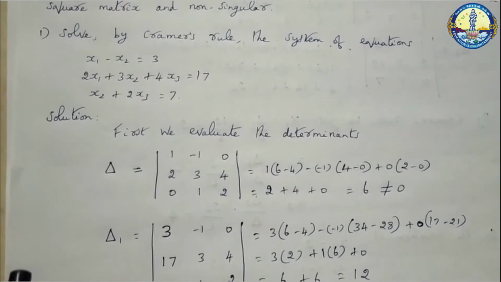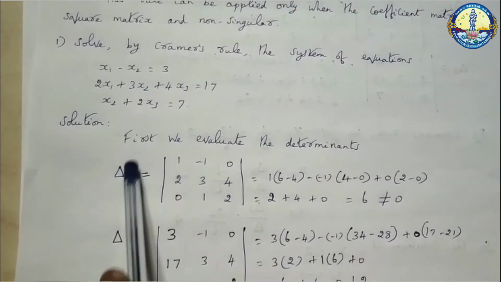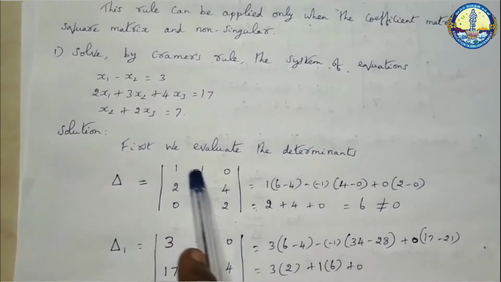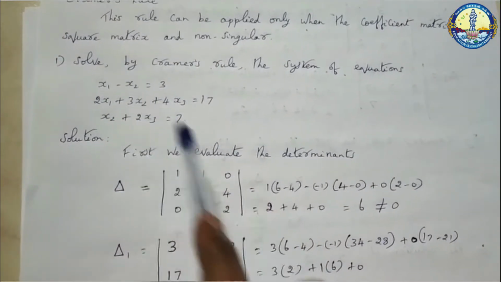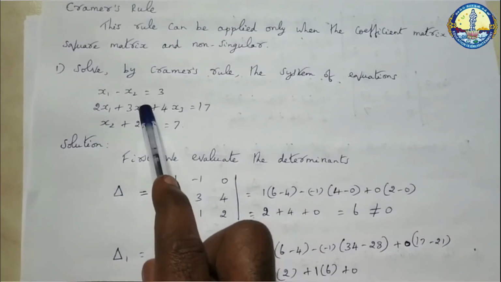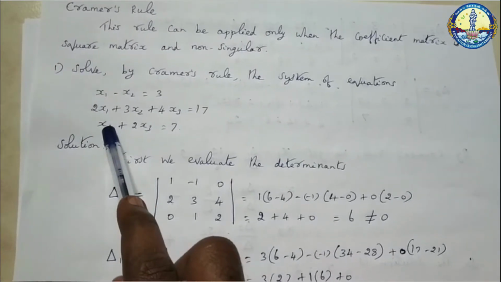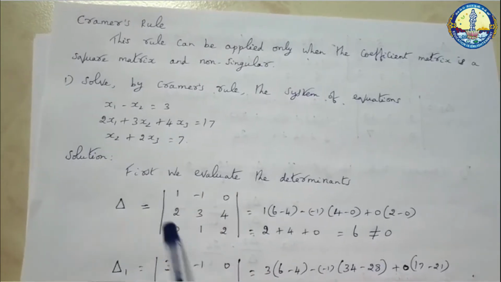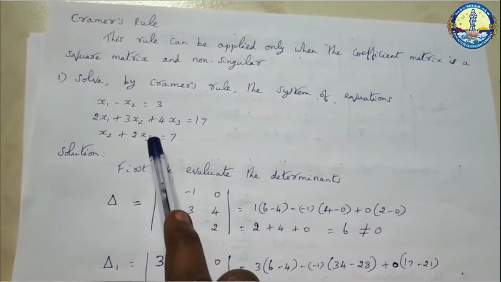First, the determinant of the equations, denoted del. In the first equation the coefficient of x1 is 1 and of x2 is minus 1, x3 is not there, so put 0. Here the coefficient of x1 is 2, of x2 is 3 and of x3 is 4. And here x1 is not there, so put 0, and for x2 it is 1, and for x3 it is 3.